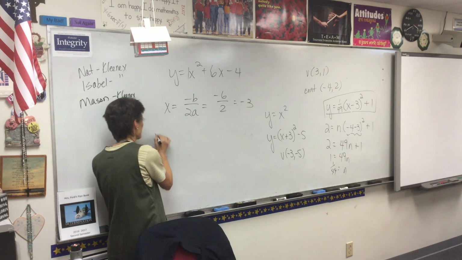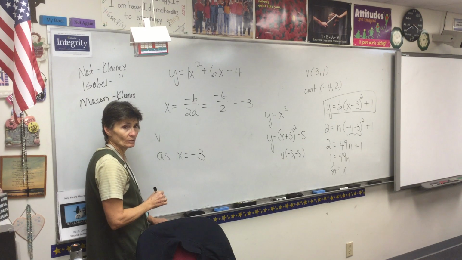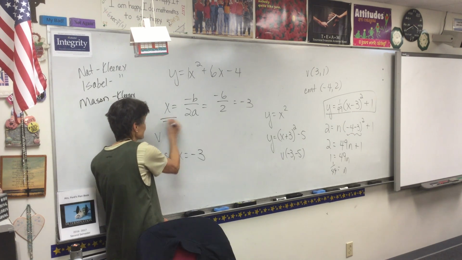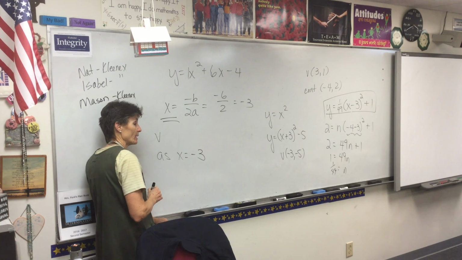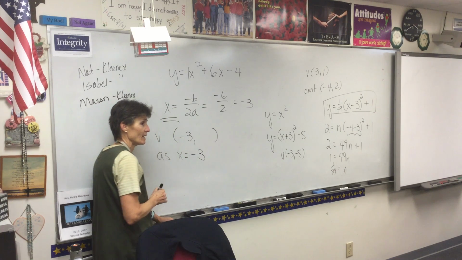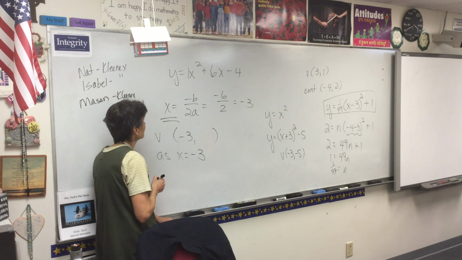Yes. So that means my axis of symmetry is x equals negative 3. This is x equals negative b over 2a. So my vertex has an x coordinate of negative 3. Now I'll just plug in, right? Yep.